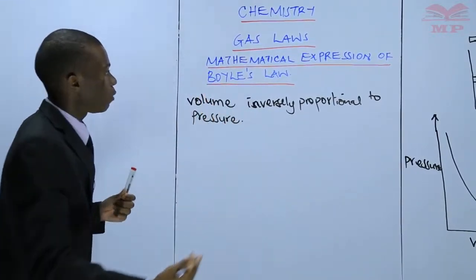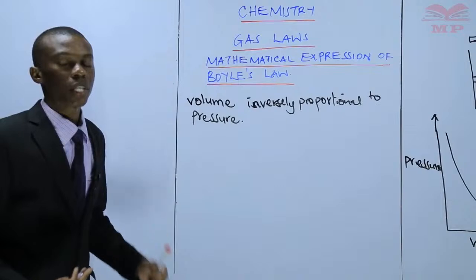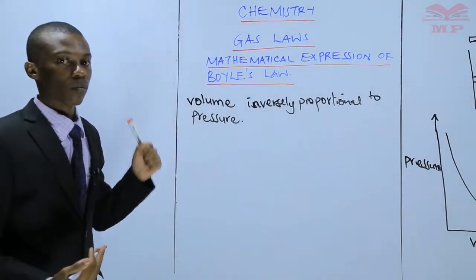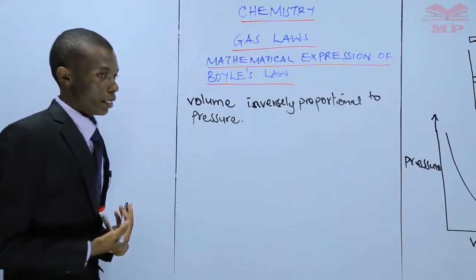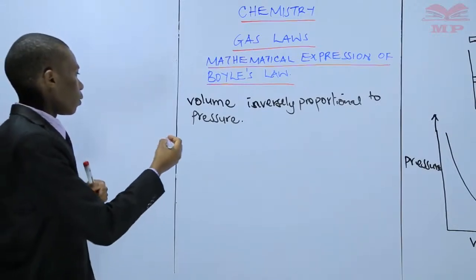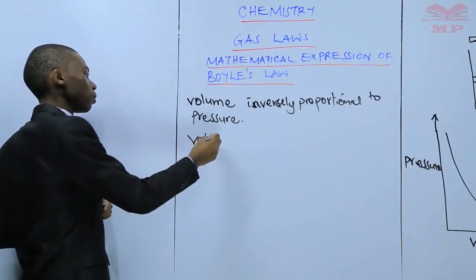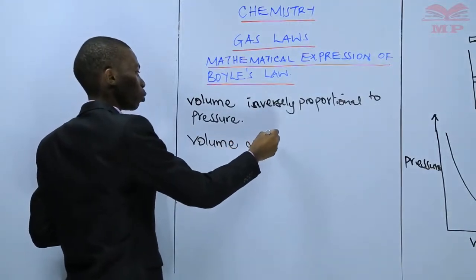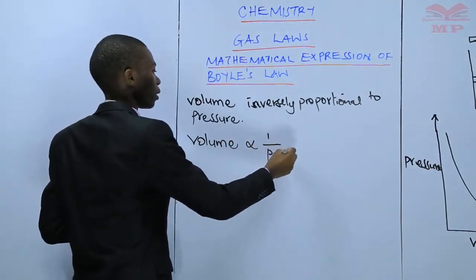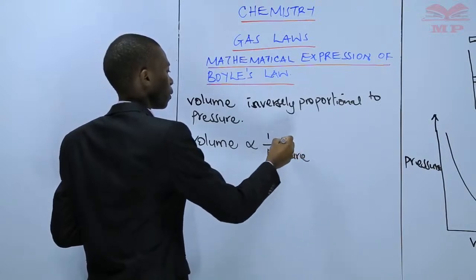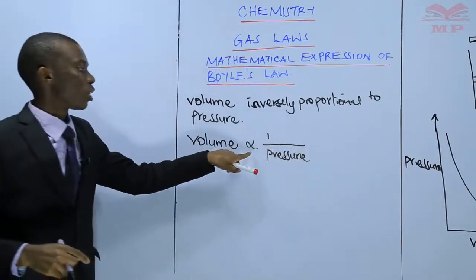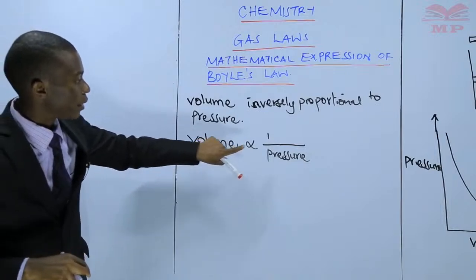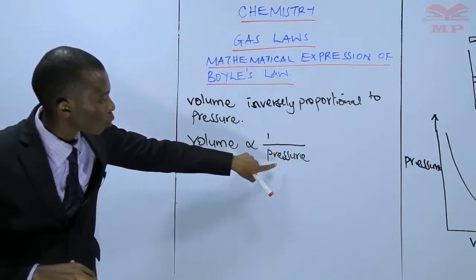So when volume increases, pressure decreases, and when pressure increases, volume decreases. Therefore, volume is inversely proportional to pressure. This is the symbol of proportionality.